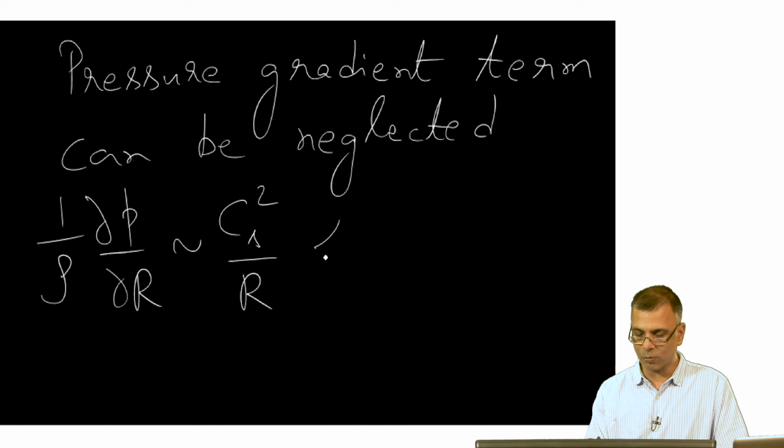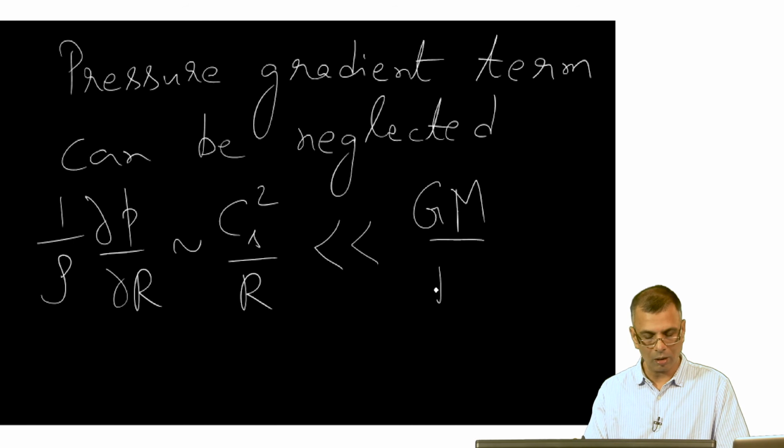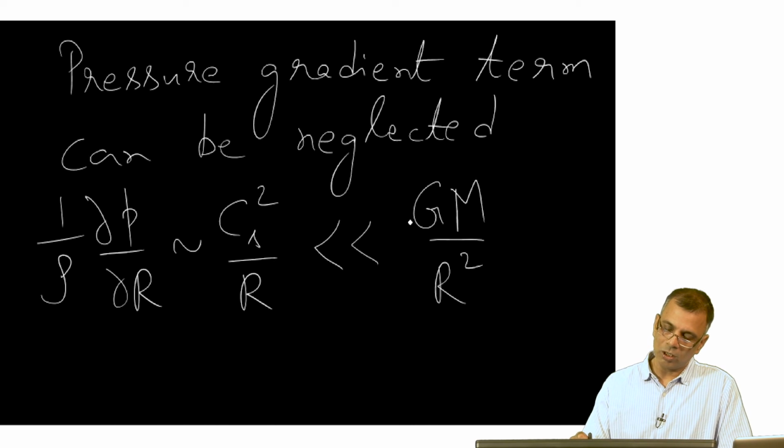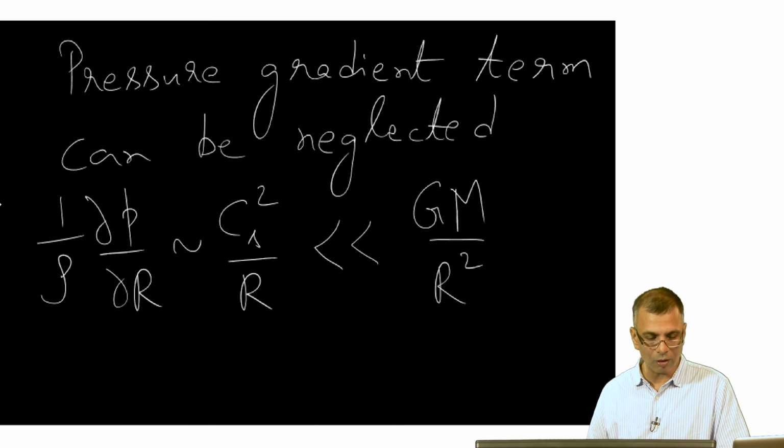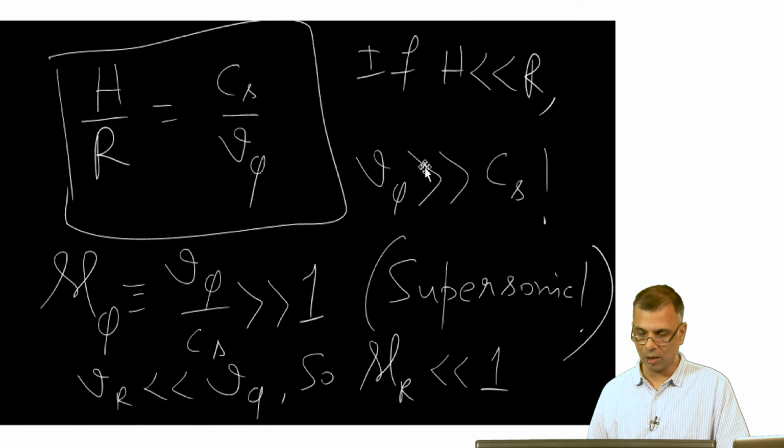And this we know is much smaller than GM over r squared, because GM over r would be v phi squared. So this becomes GM over r squared. This follows from this fact.